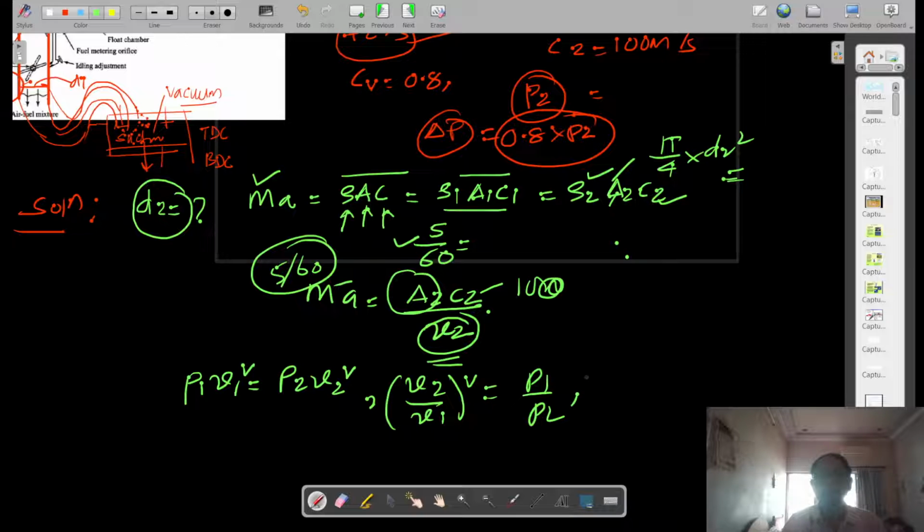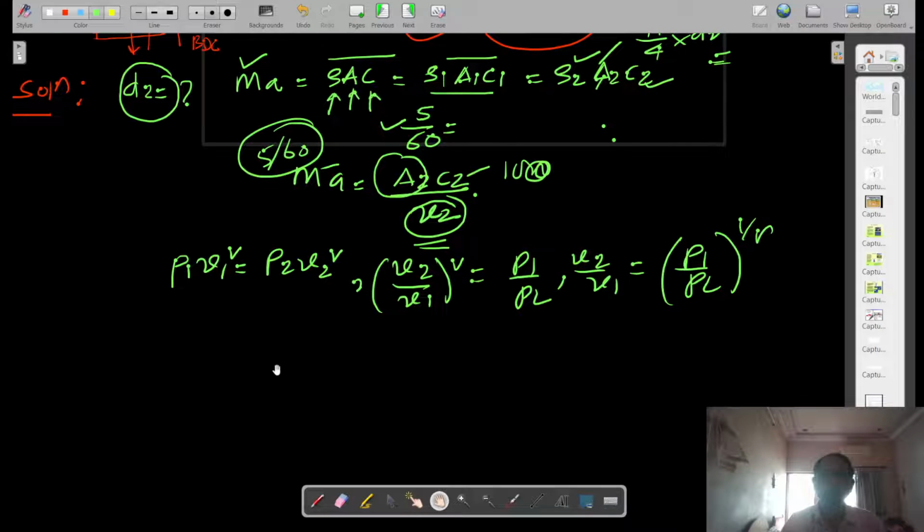Further, V2 by V1 is equal to P1 by P2 to the power 1 upon gamma. So I need to find P1 by P2 and V1. Can we find V1?